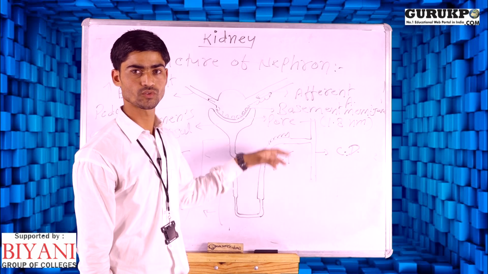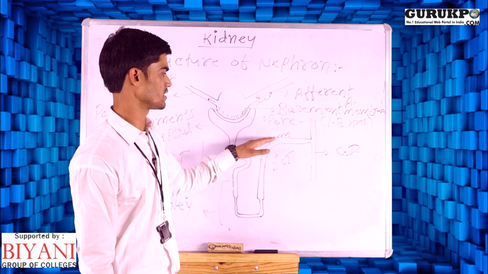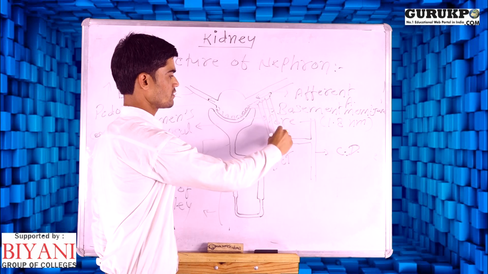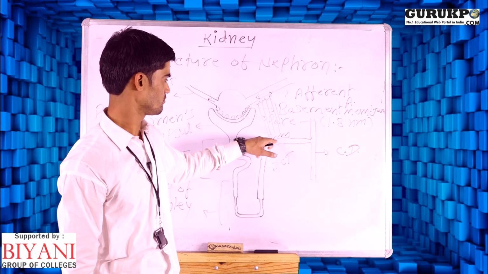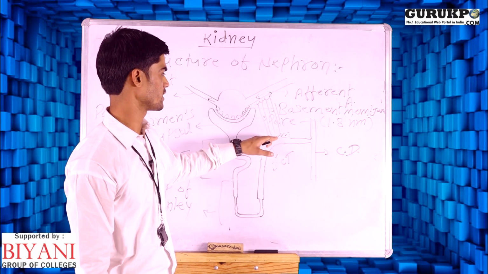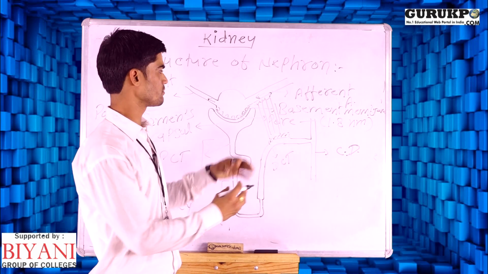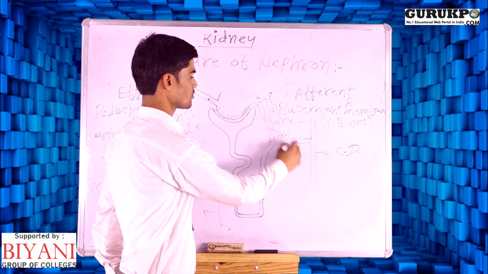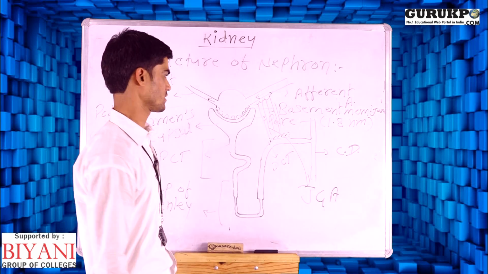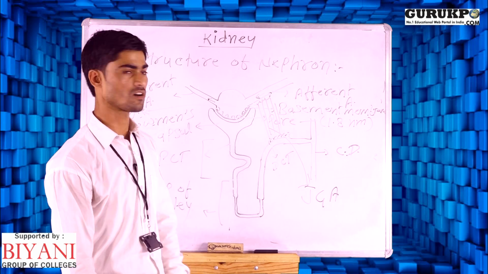We say sodium sensitive cells because these cells are sodium sensitive, also called macula densa. A connection is found between the juxtaglomerular cells and macula densa. This is called juxtaglomerular apparatus. This is the structure of nephron.